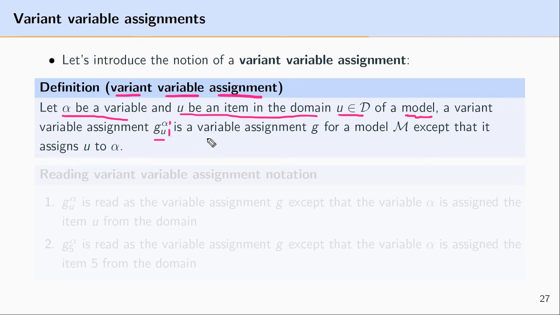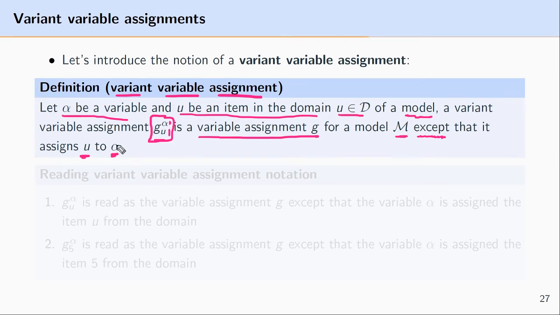We'll say that this variant variable assignment is a variable assignment, just like G for the same model, except, here's the way it differs. Here's the way we can consider the variations of this variable assignment: this variant variable assignment assigns the item from the domain U to the variable alpha.